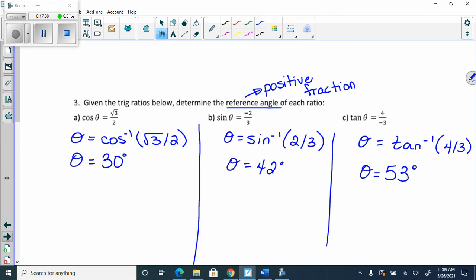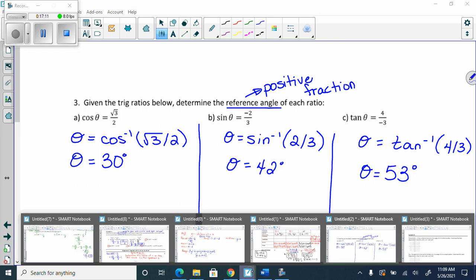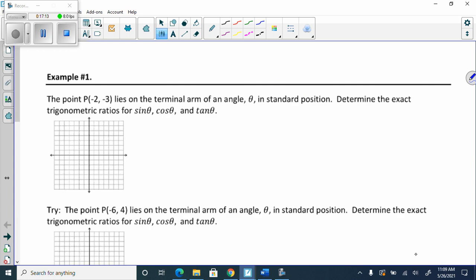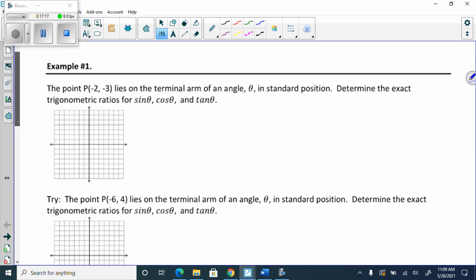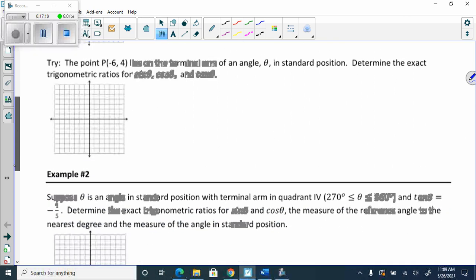Okay, we're going to go back to our notes. There's example 1. We're not going to that one. We're going to example 2.